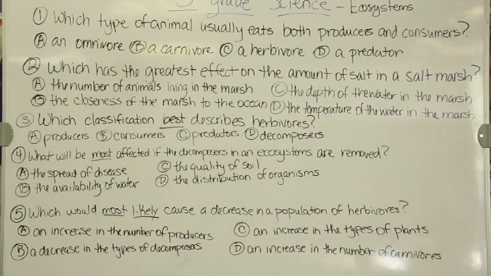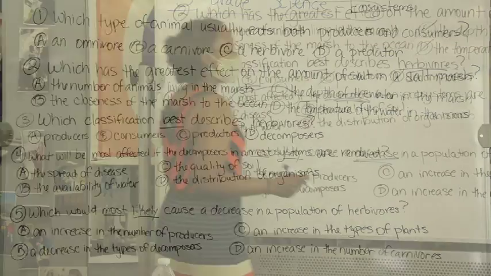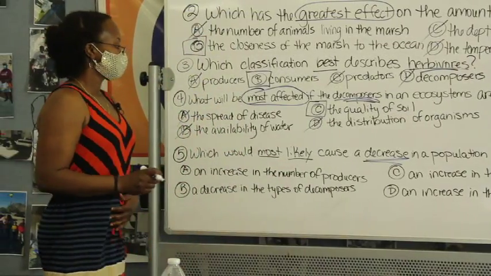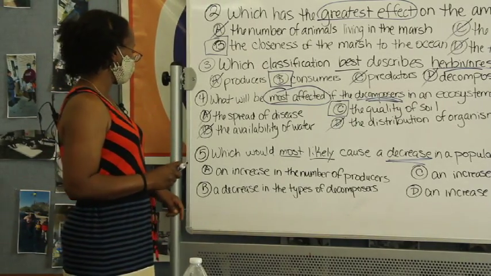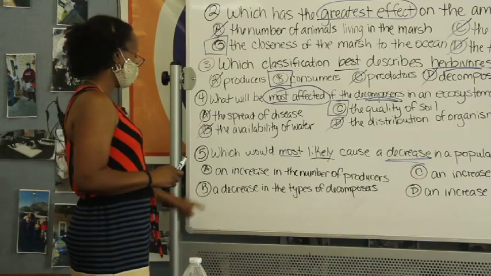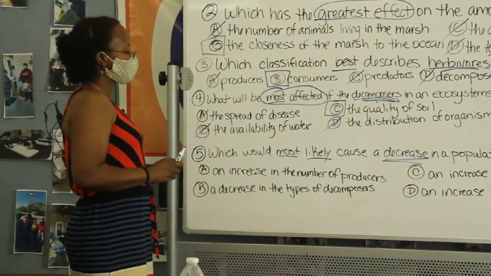Now, number 5, last one. Which would most likely cause a decrease in the population of herbivores? Herbivores eat plants, right? So what's going to decrease the population of our plant eaters? Let's see. The most likely. An increase in the number of producers.